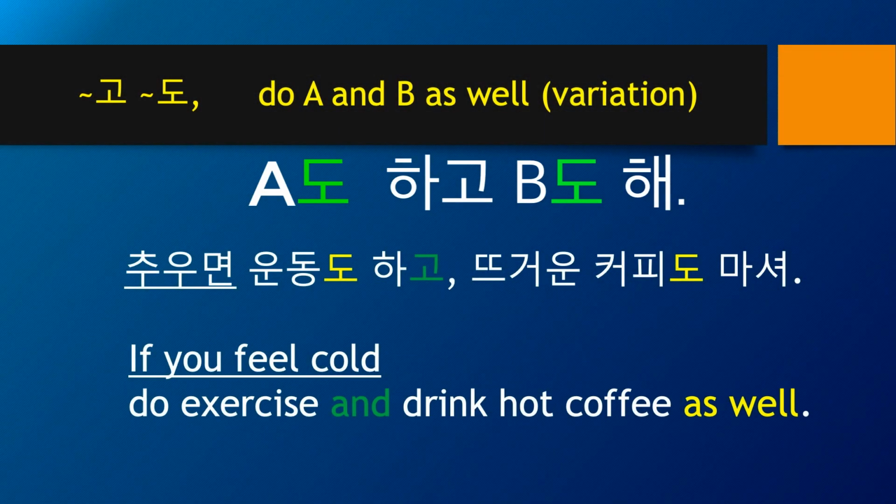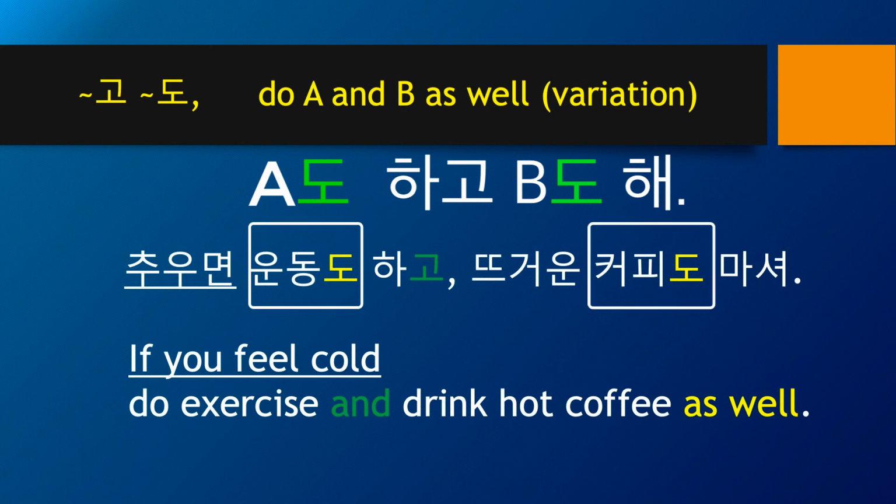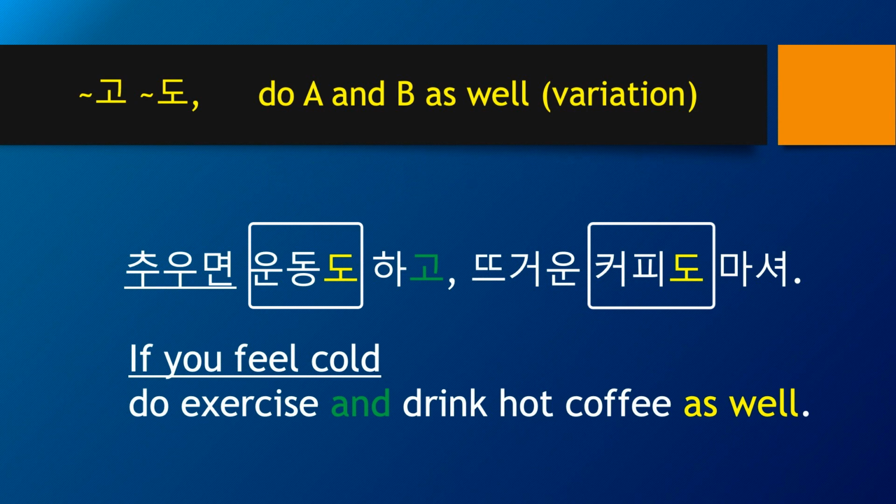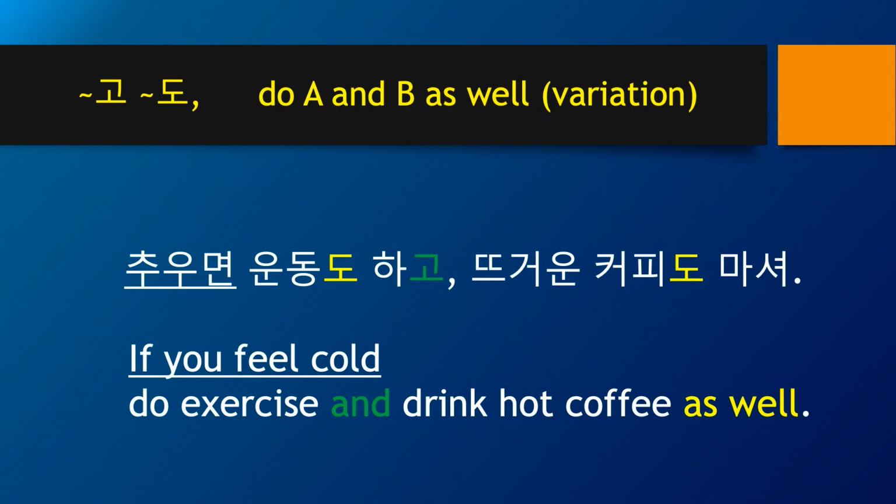So applying that pattern, if you feel cold, do exercise and drink hot coffee as well can become 추우면 운동도 하고 뜨거운 커피도 마셔. See the double 도 over here? Using double 도 is so much more natural in Hangul, and if you say it like this, they will think you are a native Korean.